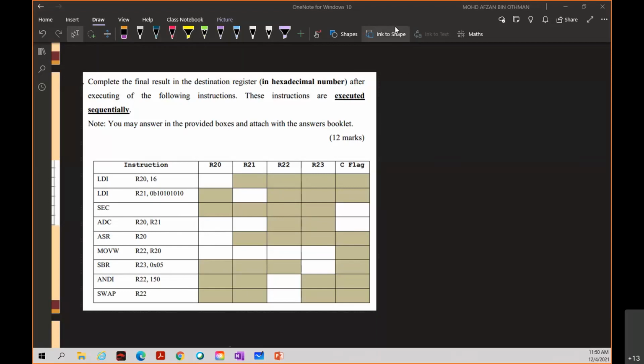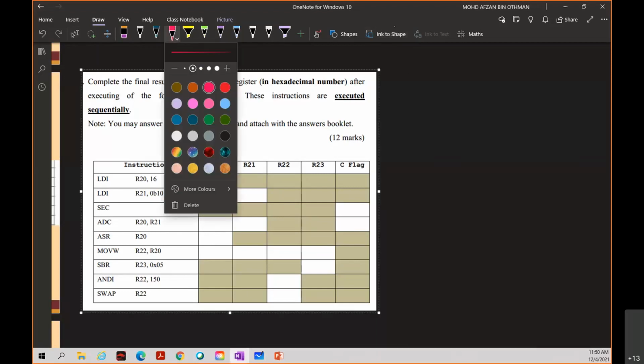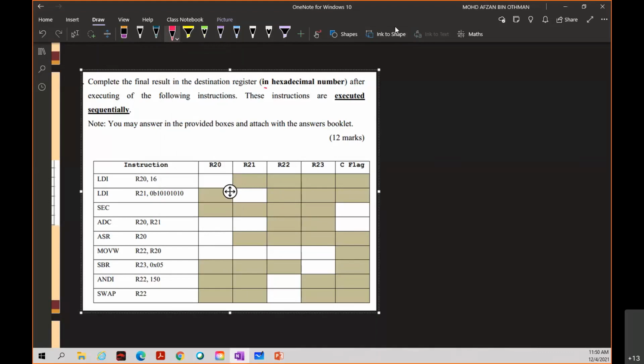Make sure your answer is in hexadecimal, and these instructions are executed sequentially. This question is taken from a previous test, if not mistaken. This question is 12 marks. I give you 10 minutes and you do.